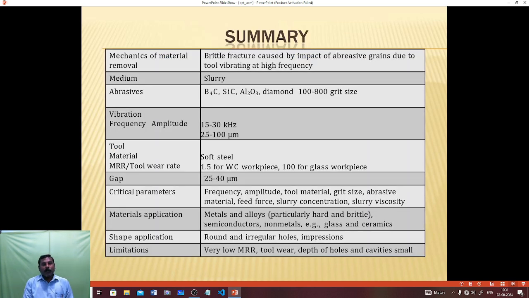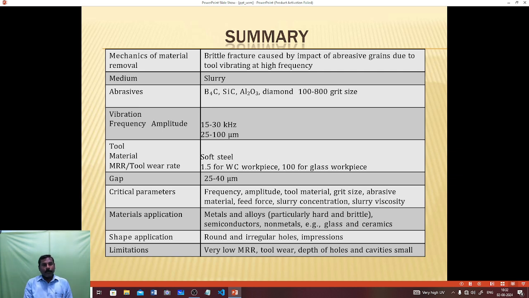Mechanics of material removal: it is a brittle fracture caused by impact of abrasive grains due to the tool vibrating at high frequency. The medium is slurry, and the abrasives are B4C, SiC, Al2O3 and diamond. The grain size is 100 to 800.